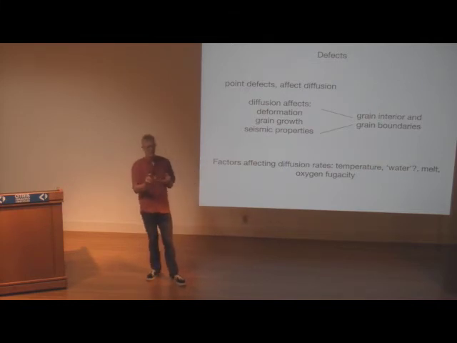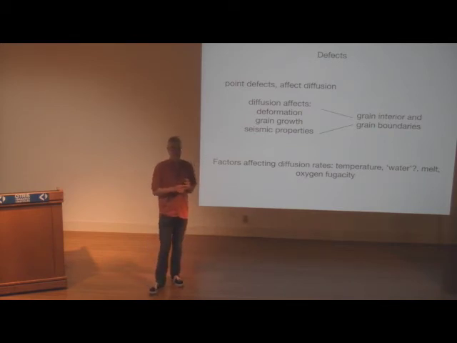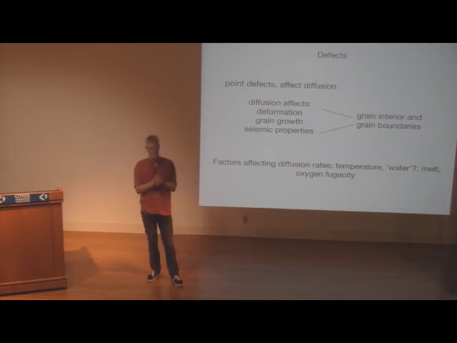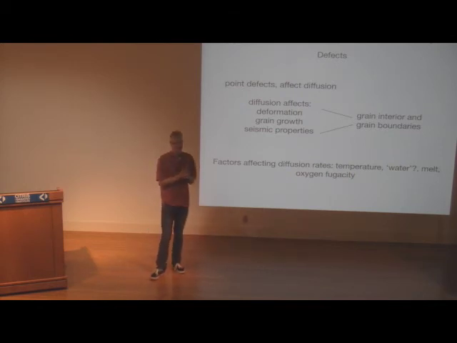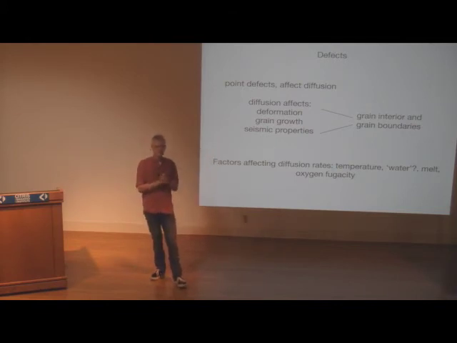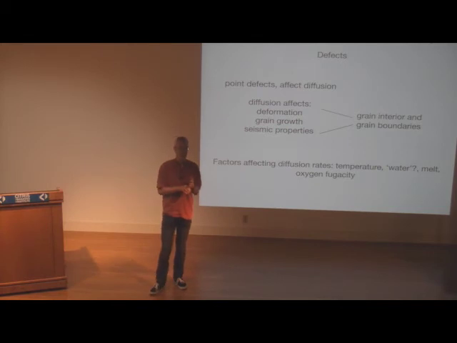You can go from iron 2+ to iron 3+, depending on what your partial pressure of oxygen is. From our experiments at least, they very strongly suggest that you cannot use properties from forsterite and straightforwardly extrapolate them. These seismic property experiments, we've done them with forsterite as well, and the behavior of pure forsterite is different than iron-bearing olivine.